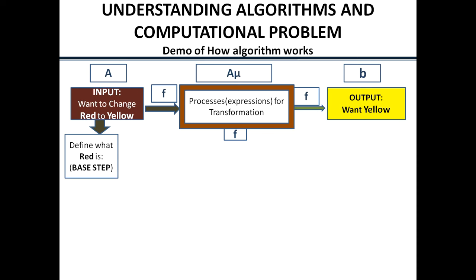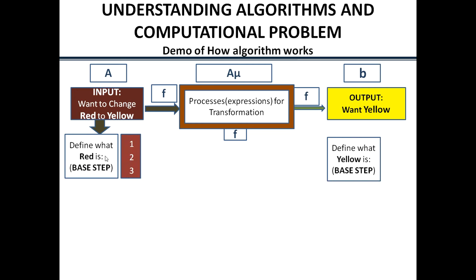So the first step is called the base step. That base step is just the beginning. It's to verify that there exists some solution at step one. That is why I wrote here, in the first part of our algorithm, the function that defines what red is and what yellow is.